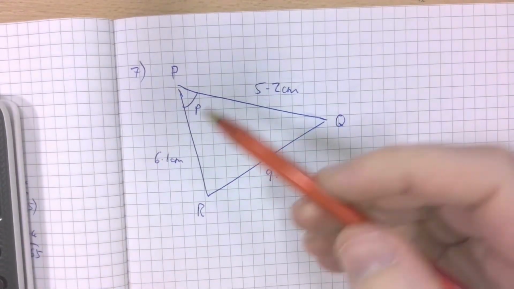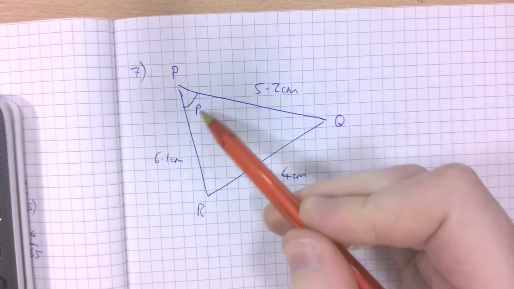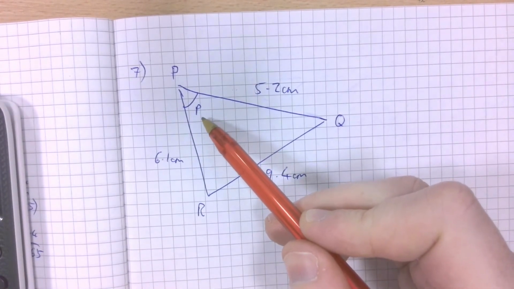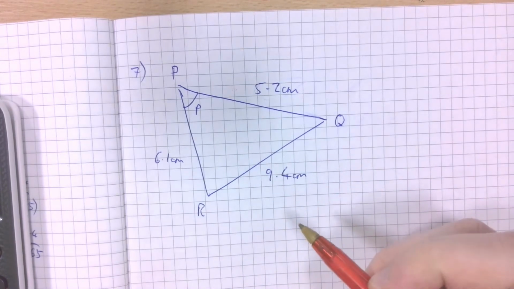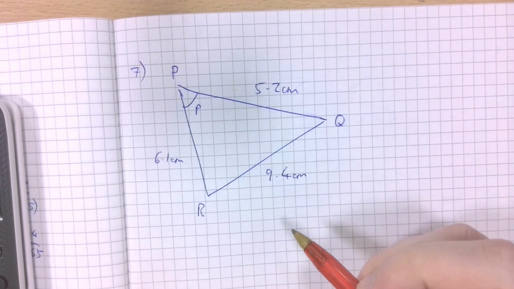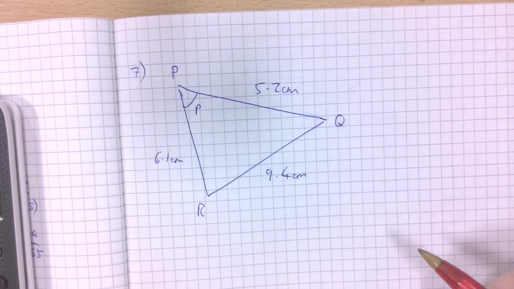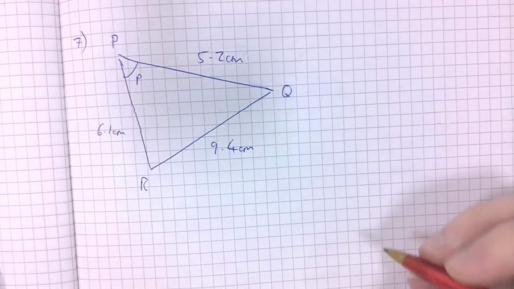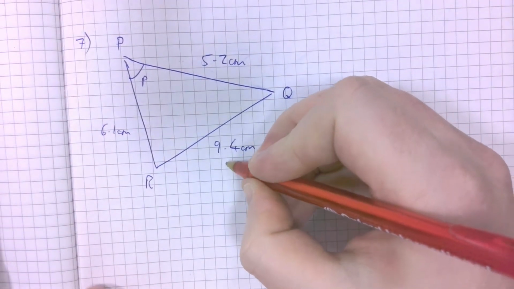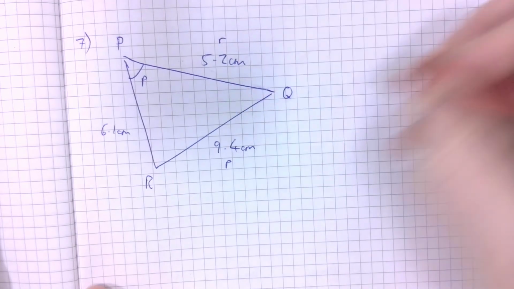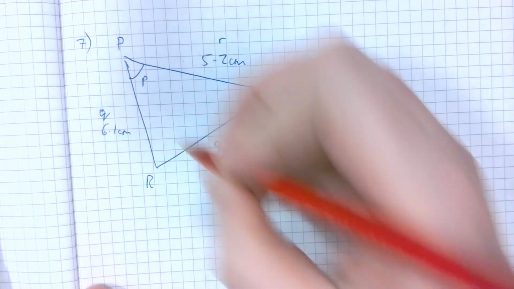Question 7. I'm looking for angle P here, and I have all 3 side lengths. If I have all 3 side lengths and I'm looking for angle P, that's the cosine rule, okay? This one over here is lowercase p, up here is lowercase r, over here is lowercase q.